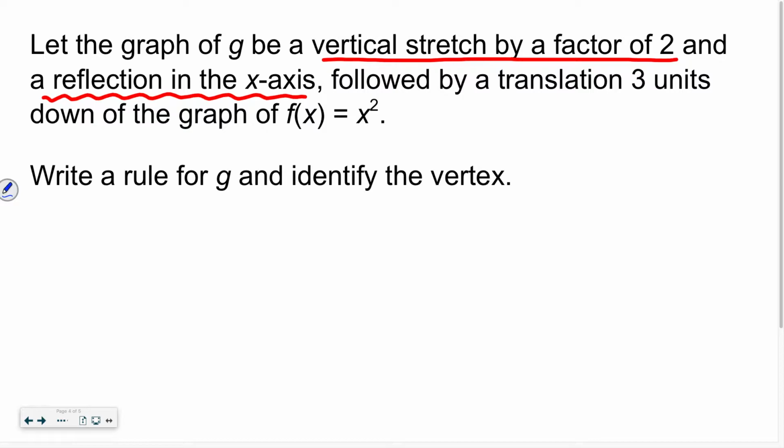Important here is that it's followed by a translation 3 units down. And this is all happening to the function f of x equals x squared. We're going to write the rule and identify the vertex for G.